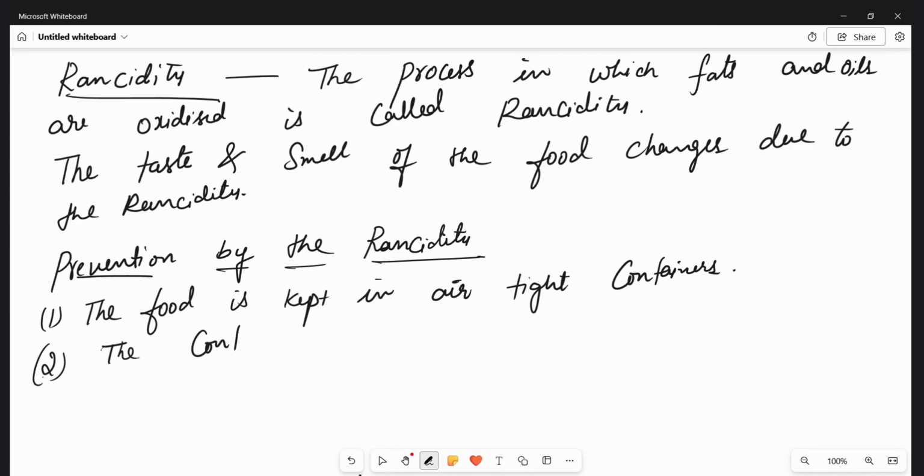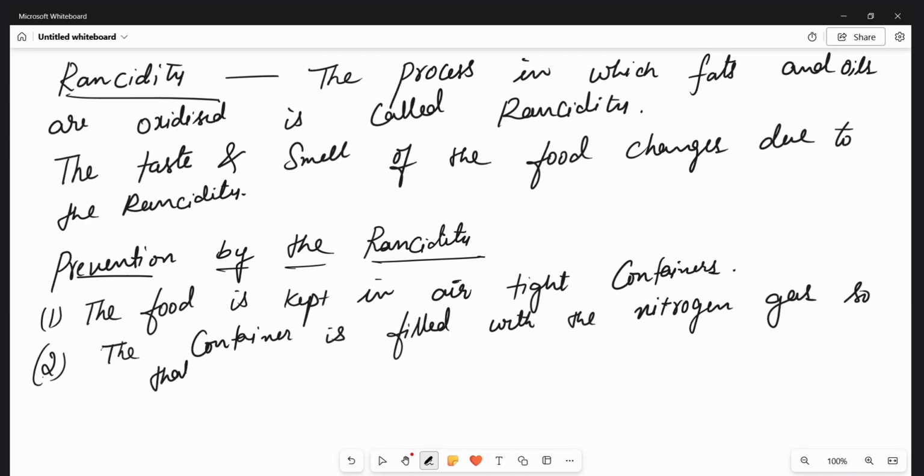The container is filled with nitrogen gas, so that food does not get rancid.